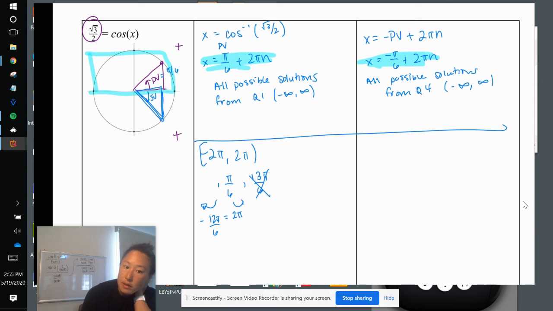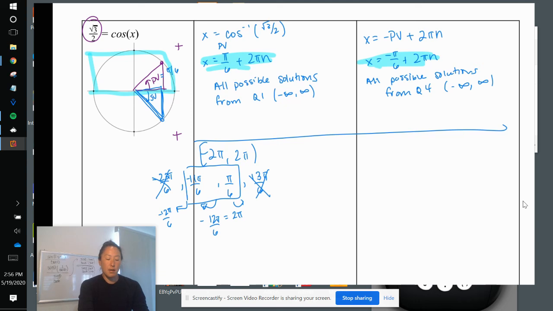So 1 minus 12 is negative 11 pi over 6. That's inside. If I subtract another 12 pi over 6, I get negative 23 pi over 6, which is way out, so I'm going to cross that off. So negative 11 pi over 6 and pi over 6 are the only two angles within the domain of negative 2 pi to 2 pi that will give me a ratio of root 3 over 2 from the first quadrant.